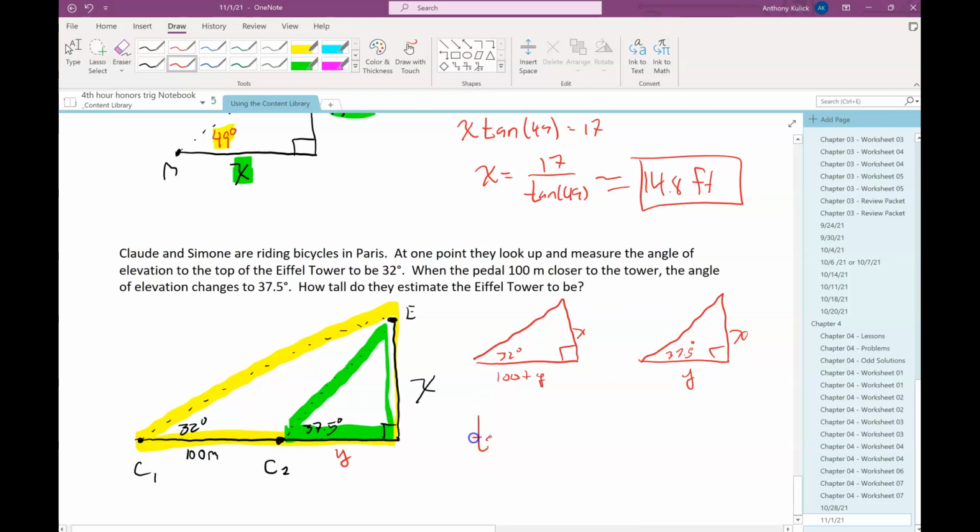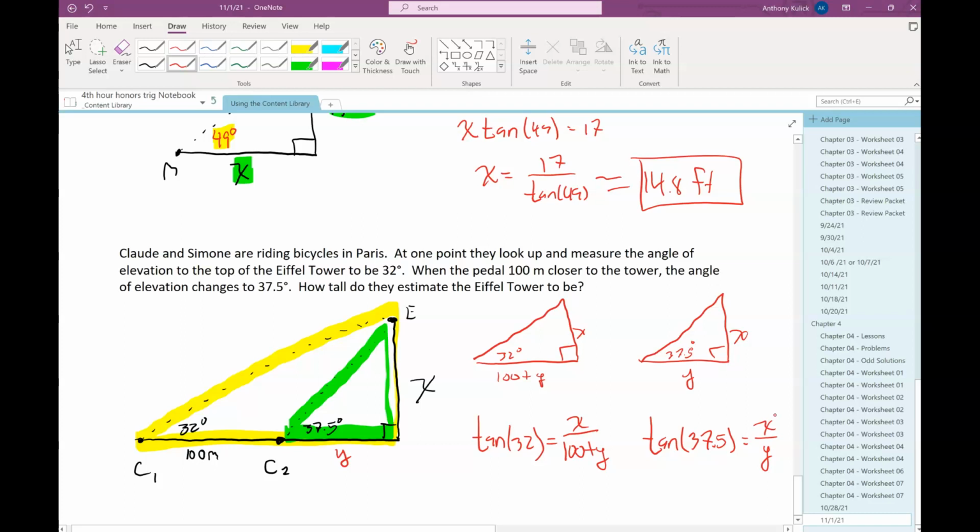From the first triangle, I can say that tan 32 is equal to opposite over adjacent. From the second picture, I can say tan 37.5 is equal to opposite over adjacent. And I'm going to try to solve for x using substitution or elimination.